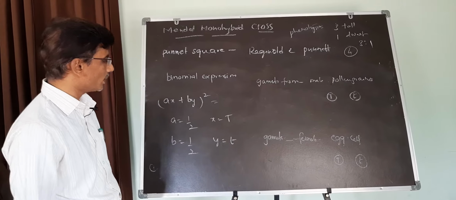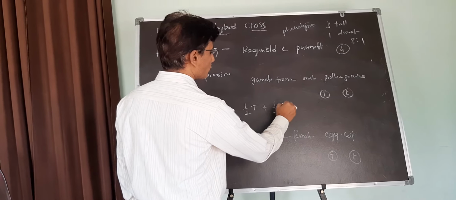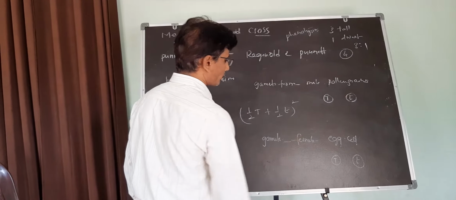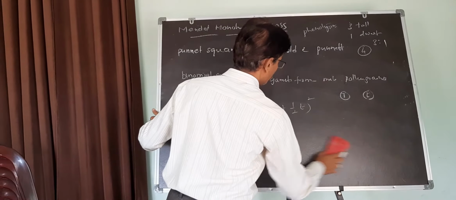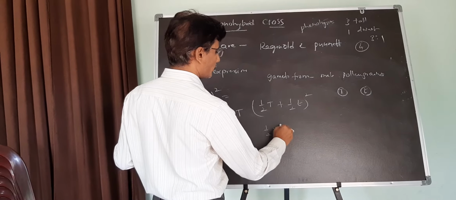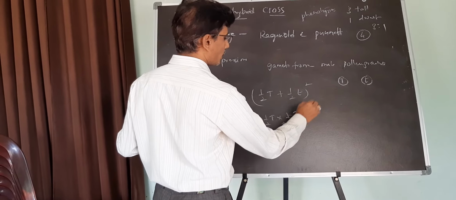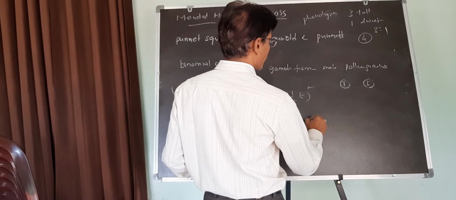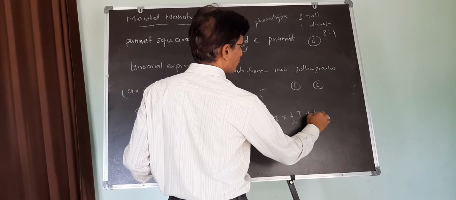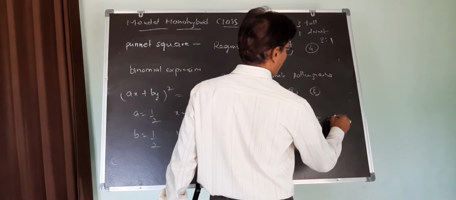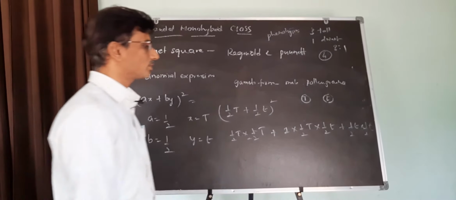Monohybrid cross. Then we will get the results like that. Then what will happen? (1/2 T + 1/2 t)². Then what will happen? 1/2 × 1/2 T × T, plus 2 × 1/2 T × 1/2 t, plus 1/2 t × 1/2 t, a plus b whole square, like that.